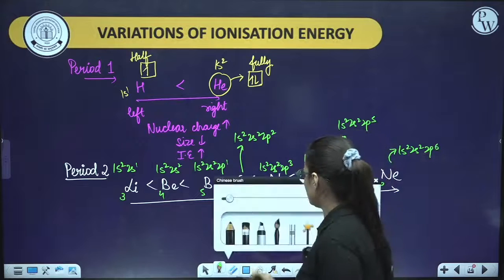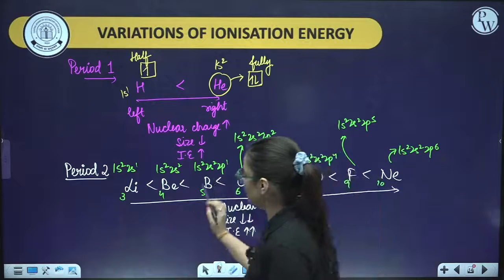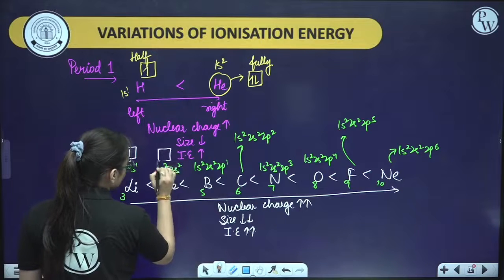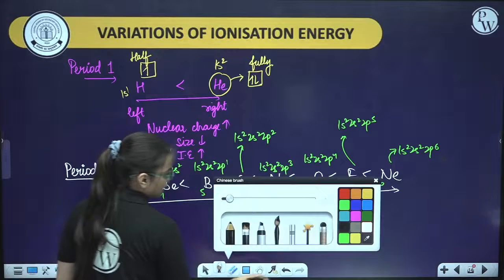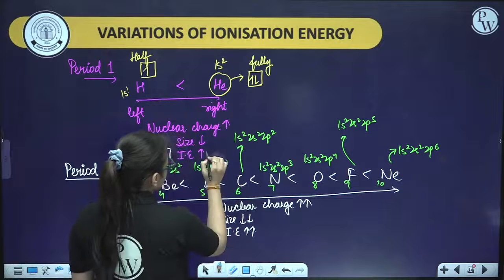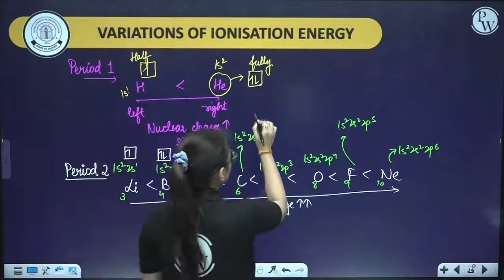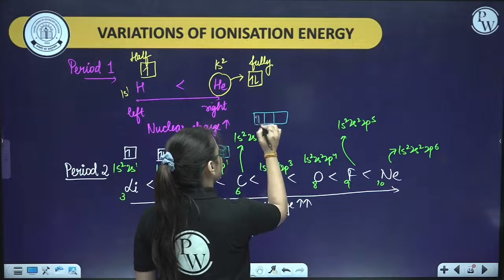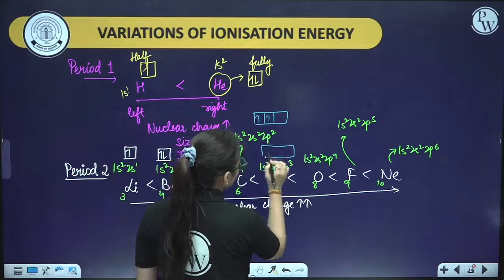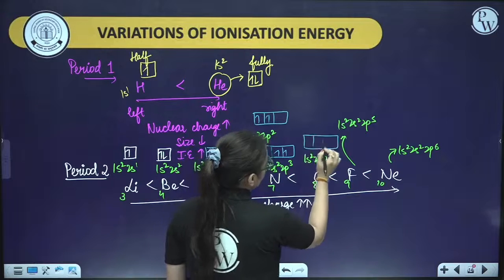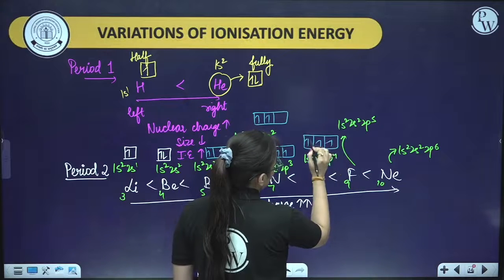Yes? Now see, students. 1s2 is completely filled in all of these. In 2s1 it has 1 electron. In 2s2 it is completely filled. Let me take another color. In 2s2 it is completely filled, but in P it has 1 electron. Over here in P it has how many electrons? 2 electrons. Over here? 3. 1, 2 and 3. Over here in P it has 4 electrons, so 1, 2, 3 and 4.